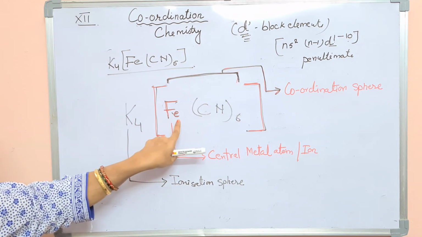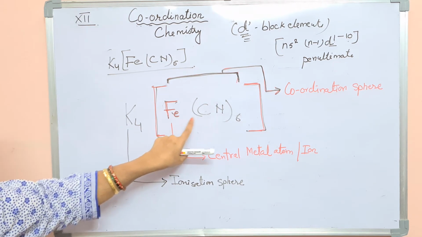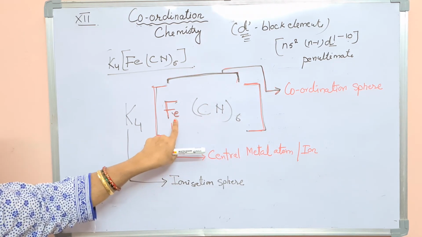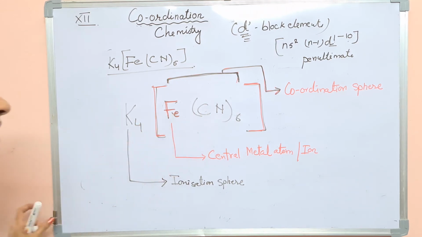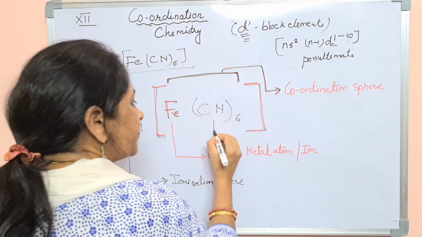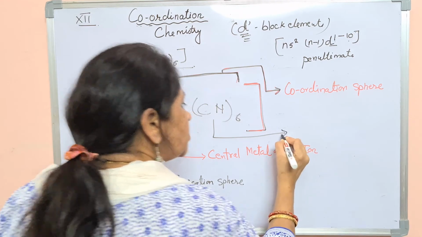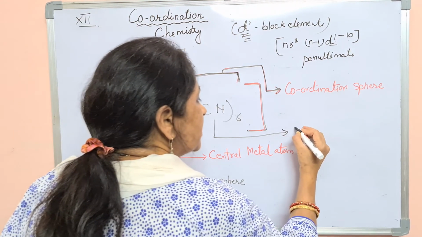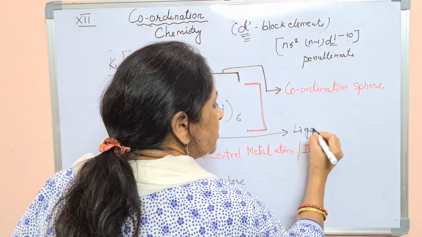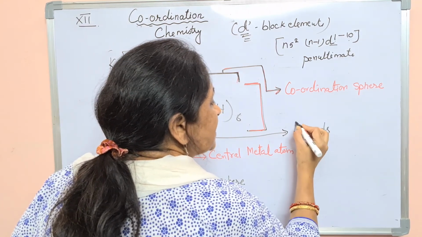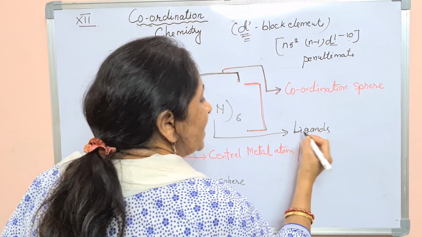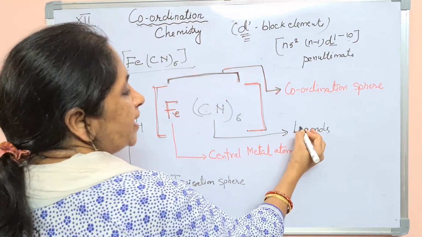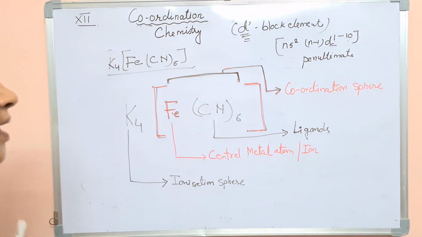And to this central metal atom or ion, cyanide is attached. ठीक है. So cyanide, or whatever is attached to the central metal atom in the coordination sphere, is called a ligand. ठीक है. They are called ligands.